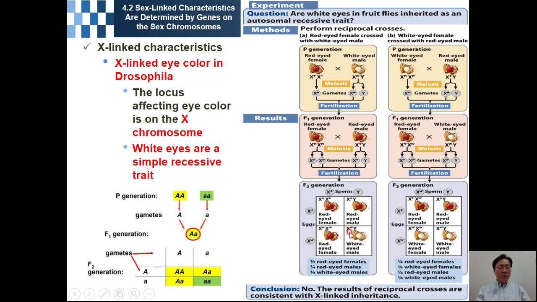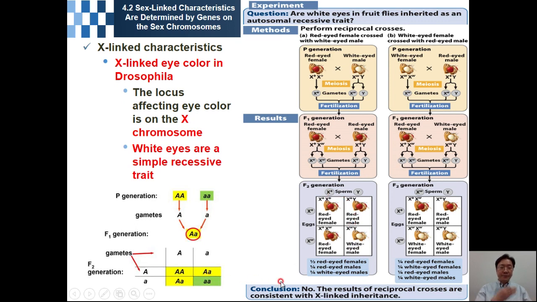So the ratio is that 2 out of 4 are red-eyed females, 1 out of 4 is a red-eyed male, and 1 out of 4 is a white-eyed male. So the ratio is a little bit different from 3 to 1.